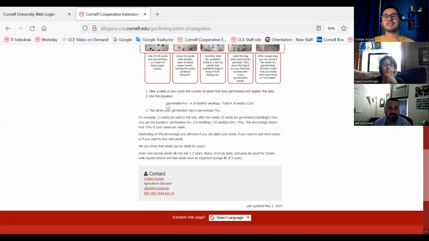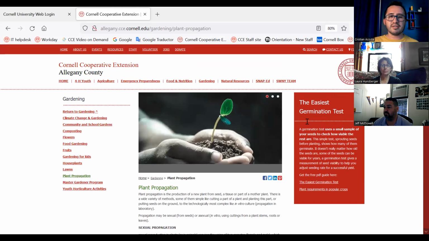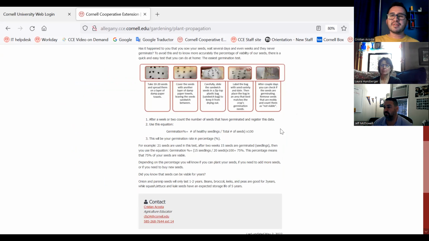With this we can know the percentage of germination, and it's a simple test. This is for the germination test, not for storage. It involves putting seeds in a sandwich bag with a paper towel, and in this way we can know how our old seeds are. Excellent.